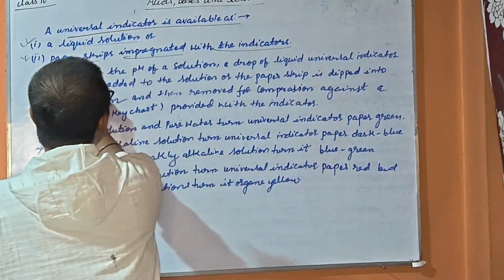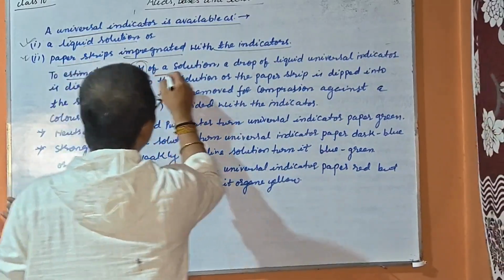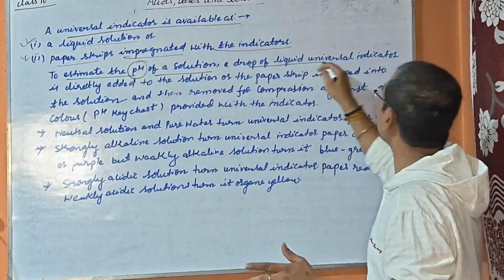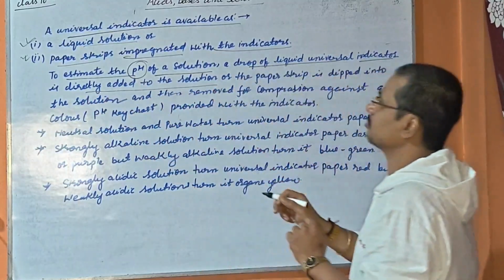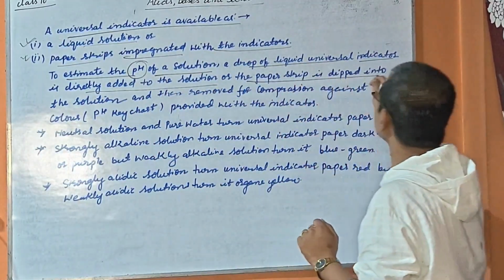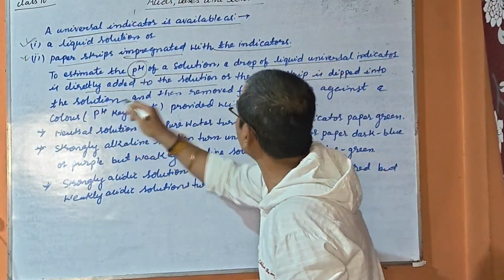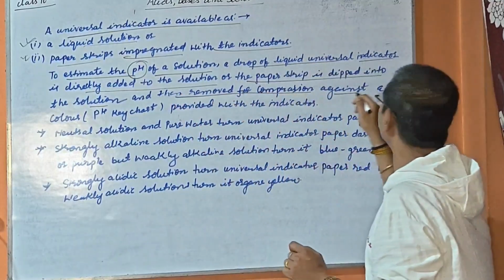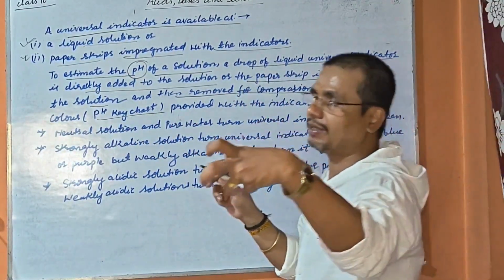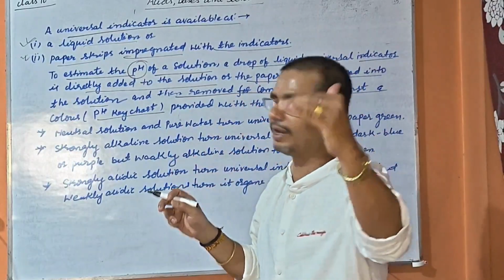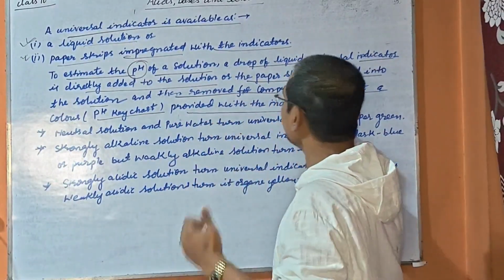To estimate the pH of a solution, a drop of liquid universal indicator is directly added to the solution, or the paper strip is dipped into the solution and then removed for comparison against a color chart. There is a color chart given in the lab for your color checking, provided with the indicator.